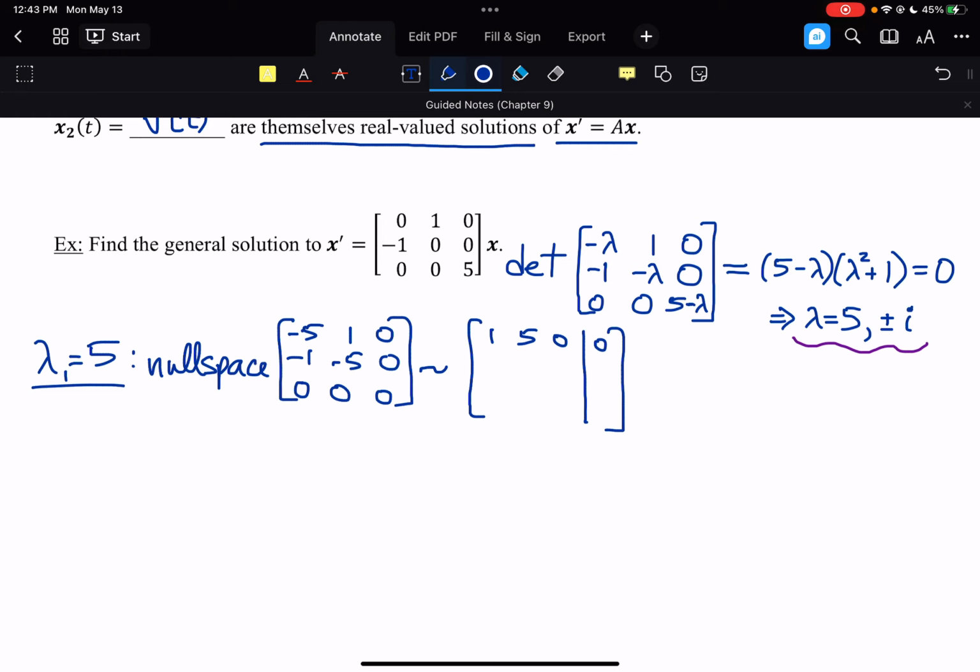And then that 1 will get rid of that 5, and then the other one simplifies to a 1, and the bottom row is all zeros. So we end up with one free variable, but the way that this works out, the free variable ends up having no impact on the first two, right? This equation here tells us that the second value is 0, which makes the first value 0. So this vector is 0, 0, 1.